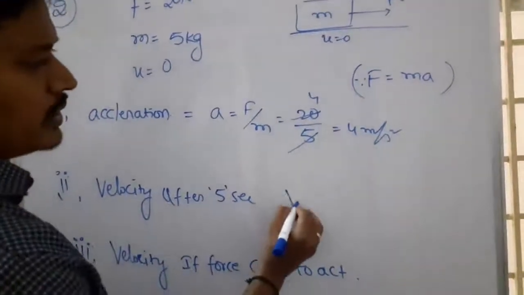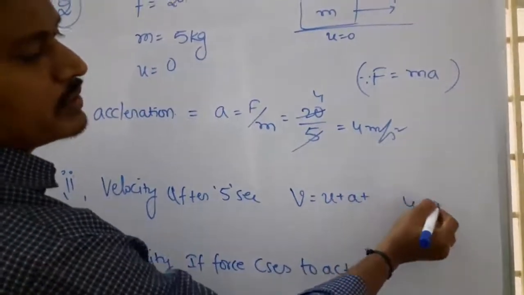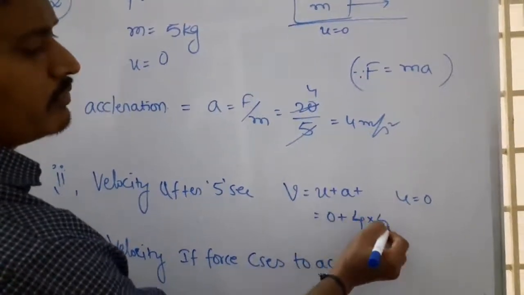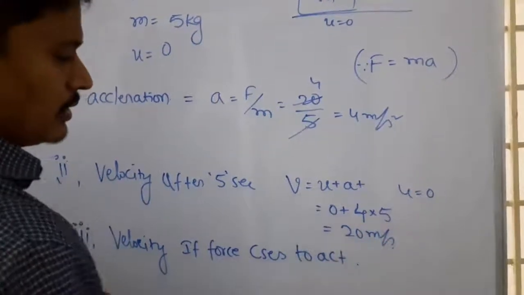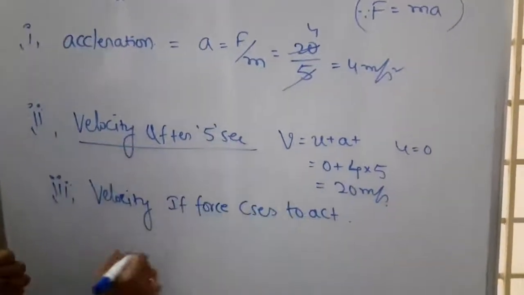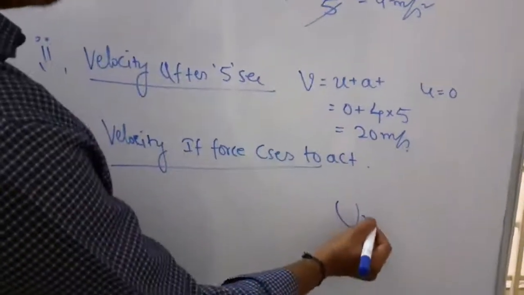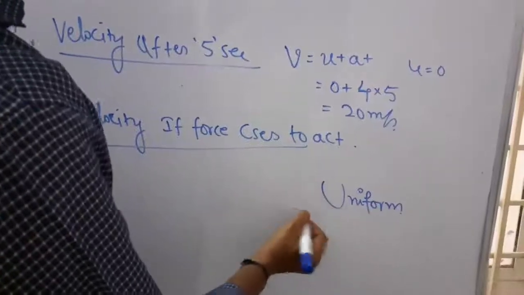Velocity is equal to u plus at, starting from rest, 0 plus 4 into time 5, that is 20 meters per second. After the force ceases to act, the velocity is uniform, the same velocity.